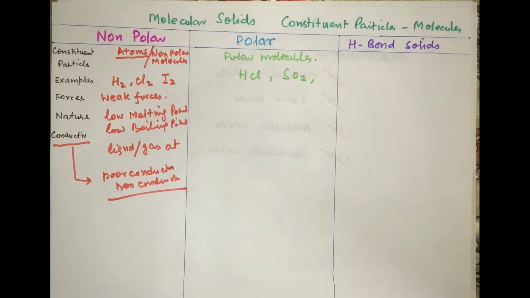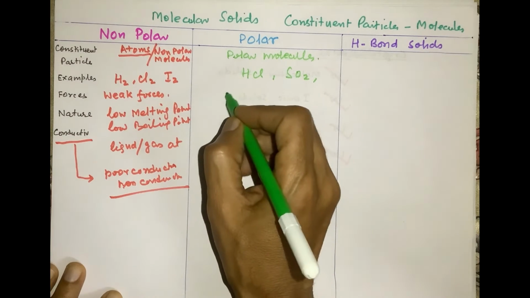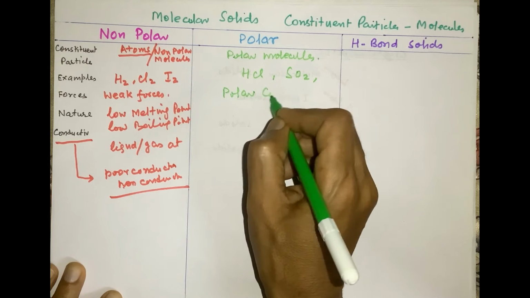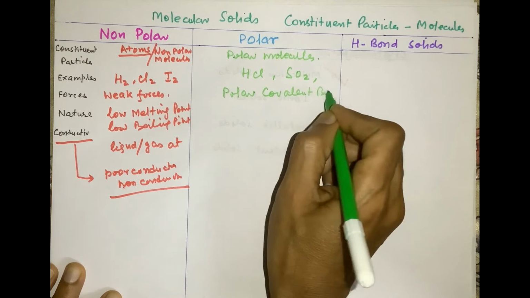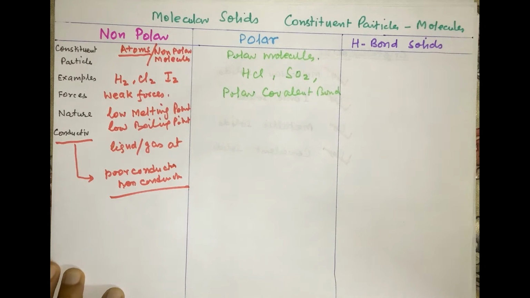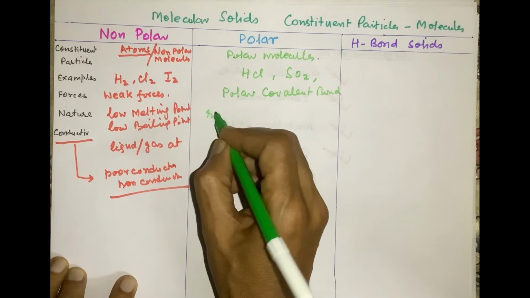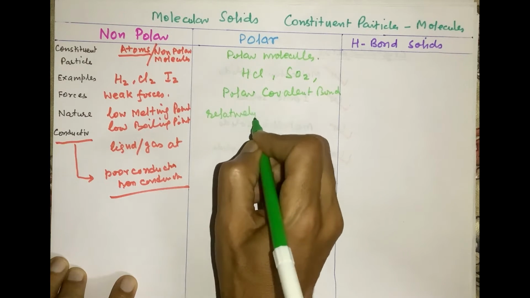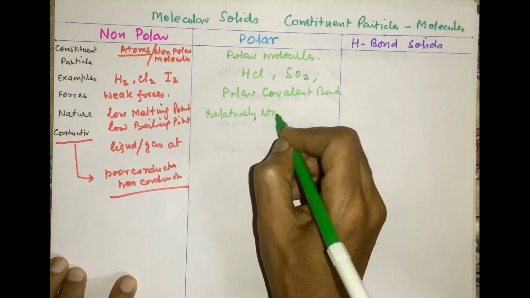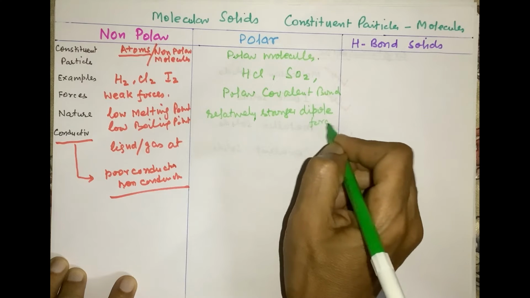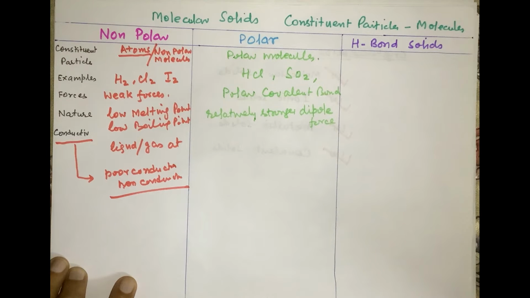These are the examples because these are polar molecules, and the forces are polar covalent bonds between the constituent particles, and there are somewhat relatively stronger dipole forces. Dipole interactions are there between the particles.